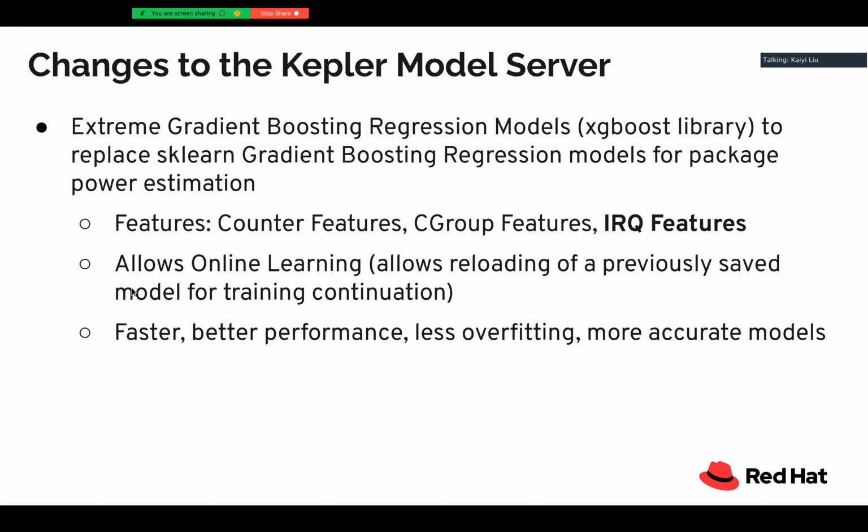And not only that, the most important part about the XGBoost models implemented by the XGBoost library is that it's capable of online learning, unlike the scikit gradient boosting regression models. And this can be done by just reloading a previously saved model. So you can just check if there's already an XGBoost model with the correct features and labels.